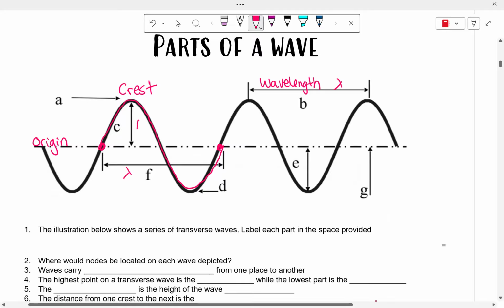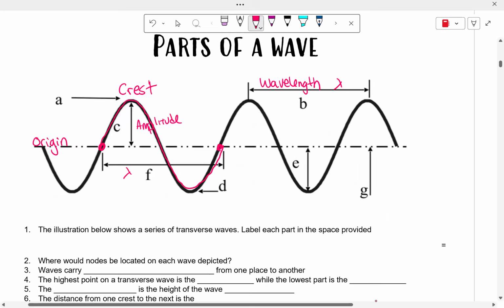The amplitude here is the height of the wave. In terms of energy, it is less important. It is more about the intensity. If we're thinking of waves as colors in the visible spectrum, a higher amplitude wave would be a more intense color.